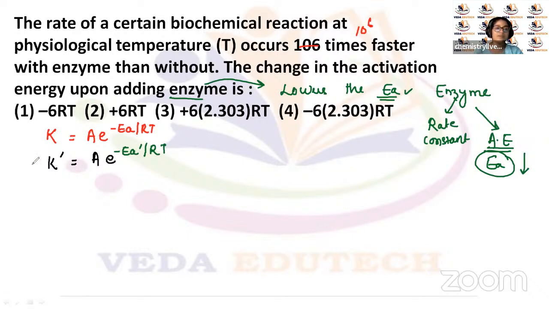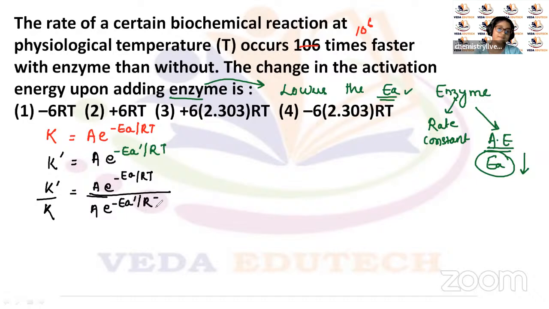Yes, so now we'll write this. We'll take the ratio here. I'll take the ratio as k dash by k equals A by A, and here it is e to the power minus Ea by RT, here it is e to the power minus Ea dash by RT. Right?